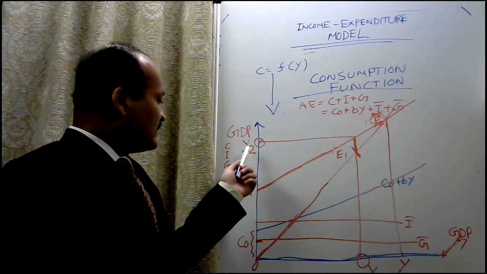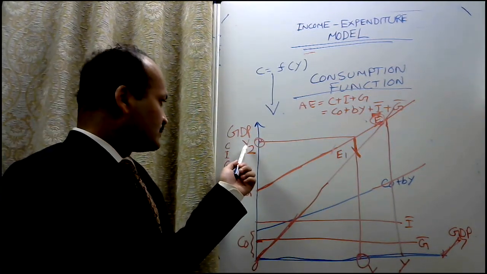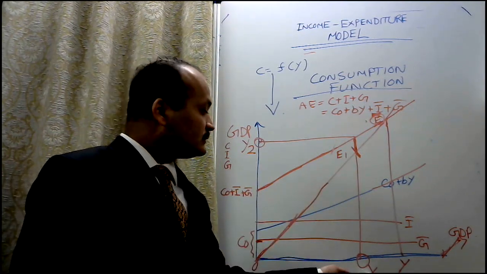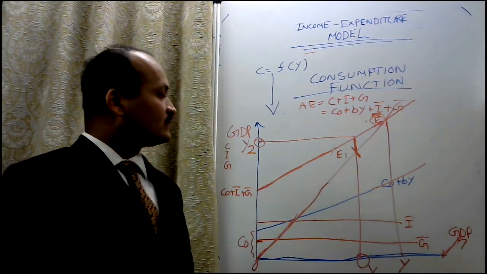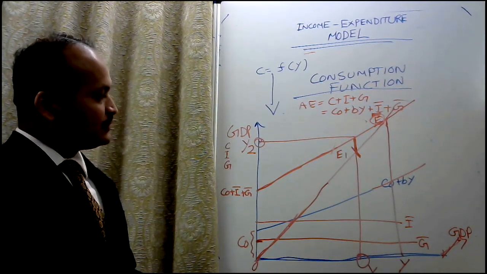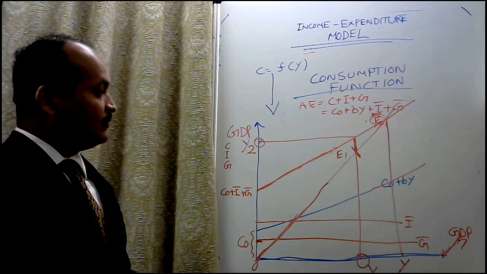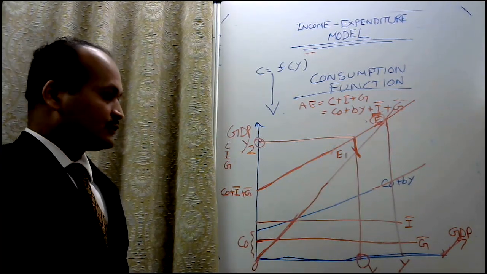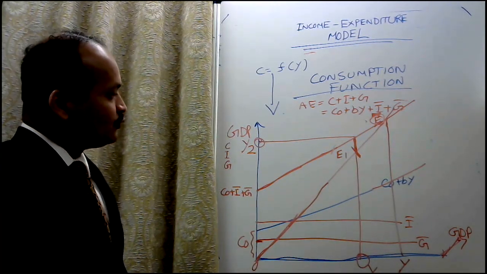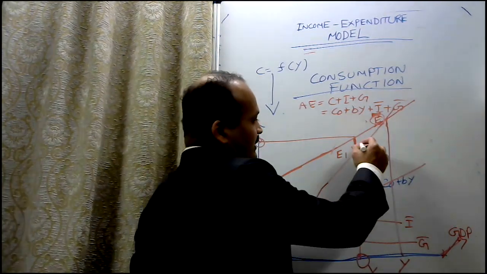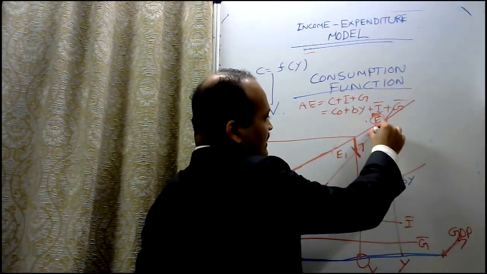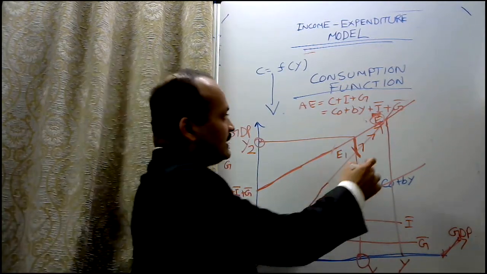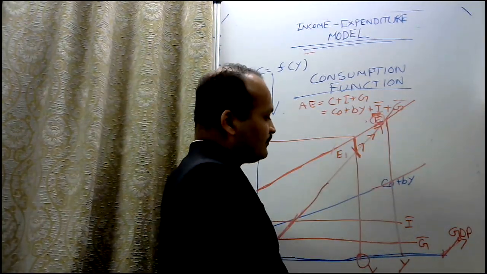Now expenditure is Y2, which is higher than the income, which is Y1. And what happens when the expenditure is more than income? People are willing to spend more than what is produced. This would lead to a depletion of inventory and an increase in production until you reach the point E.